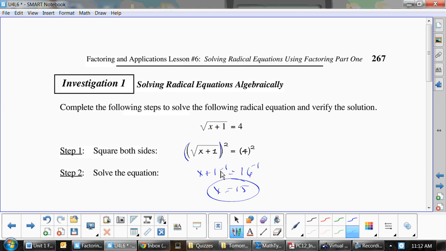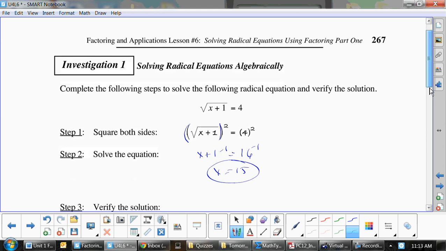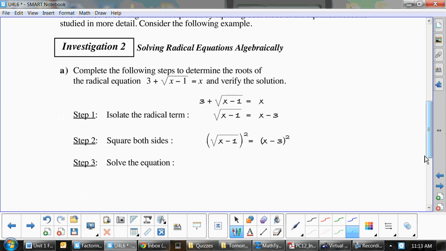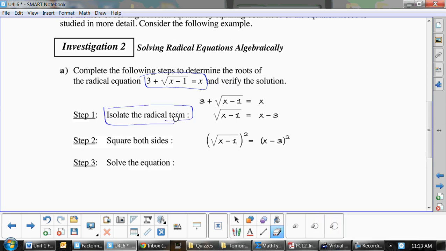Okay. Let's do a little bit more. Now here's 3 plus root x minus 1 equals x. The first thing you need to do is isolate the radical term. That means get it alone. I'd like to get it alone on the side it's on. Okay, it's less work.